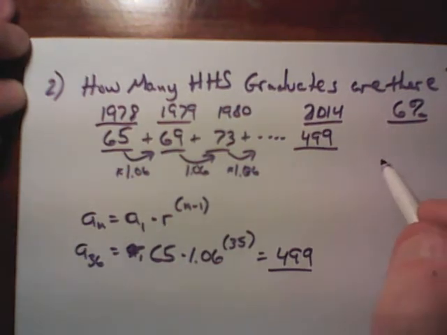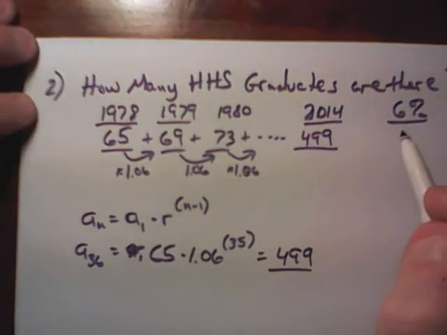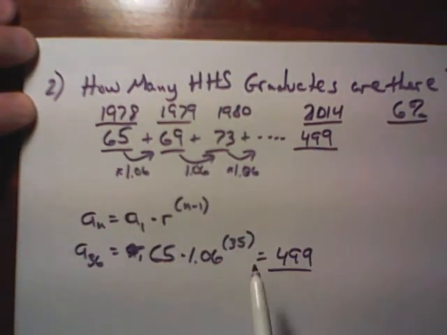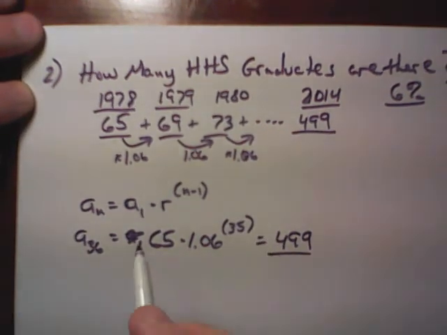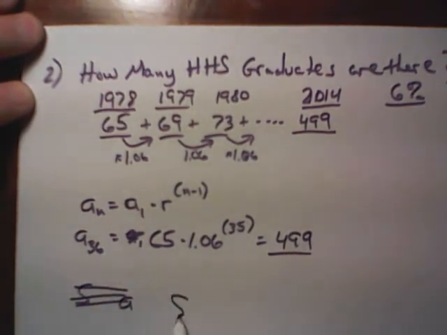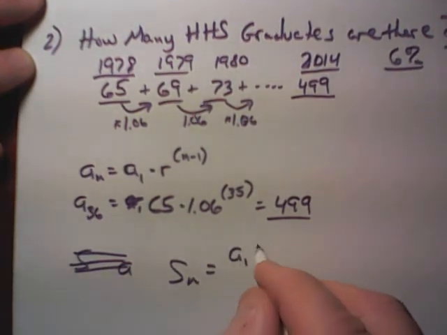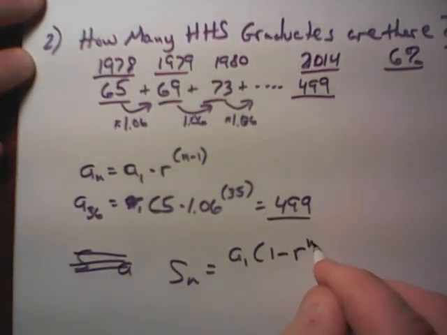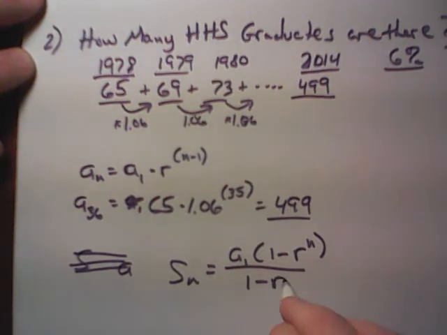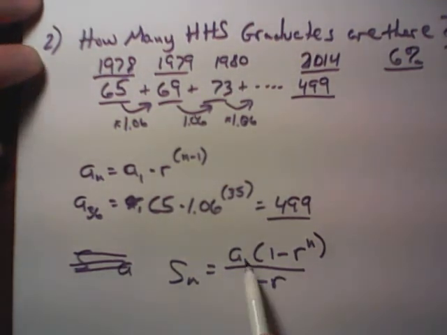But technically, we don't really need to know the last term. What I need to know in order to find the sum of all of these numbers is everything for this formula. The sum of all of these terms is going to be a sub 1 times 1 minus the ratio to the nth power over 1 minus the ratio.